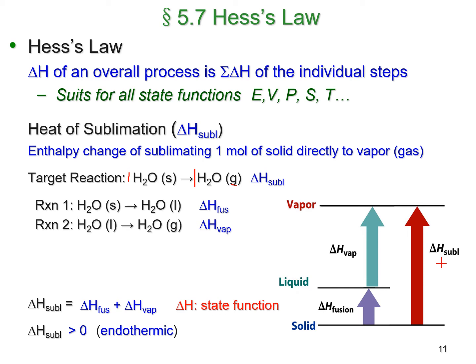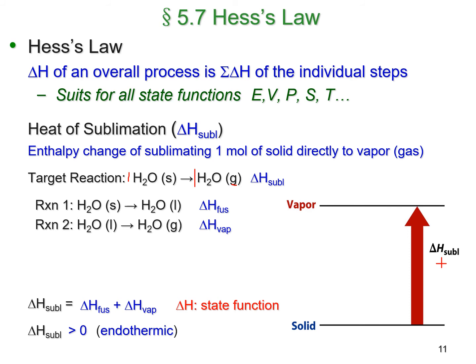All right. The reaction we used here as an example is a physical change. For a physical change, we can usually have this energy diagram laid out nice and easy for us to figure out just how Hess's law works.